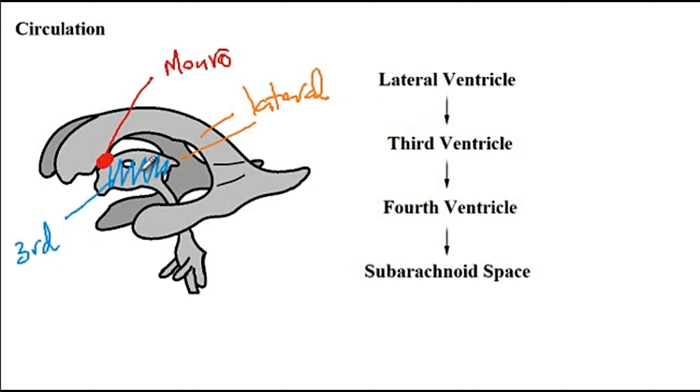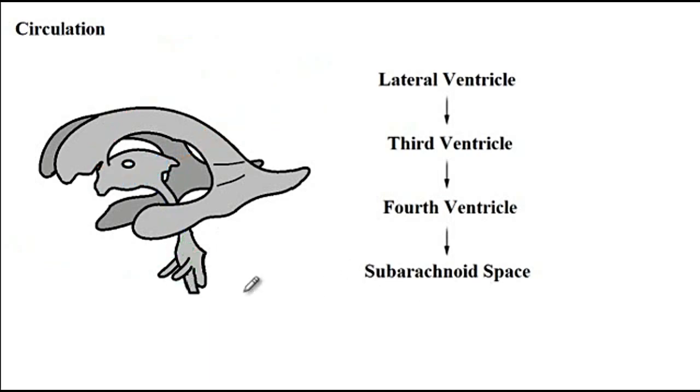And then from here on, cerebrospinal fluid will flow from the third ventricle into the fourth ventricle via the cerebral aqueduct of the sylvius. So this one is the cerebral aqueduct of the sylvius that will connect the third ventricle to the fourth ventricle. And then from here on, the cerebrospinal fluid will flow into the subarachnoid space via the foramen of Luschka as well as foramen of Magendie.